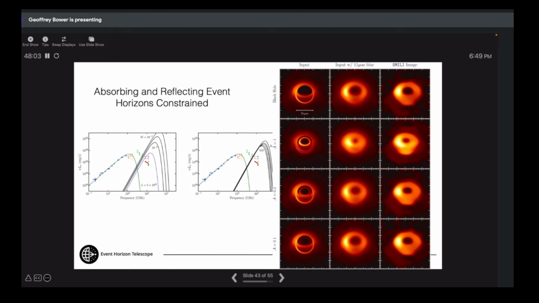And so these are images for different albedos, and then synthesized into an EHT type of image. And we can rule out something greater than about a 30% albedo from this data as inconsistent with the images that we obtain.